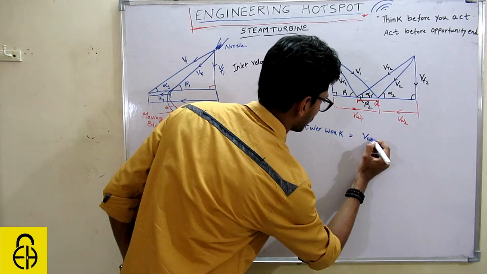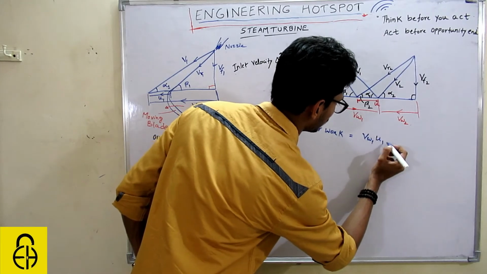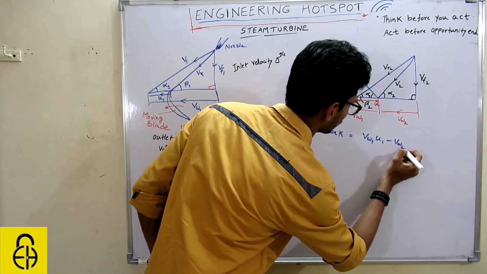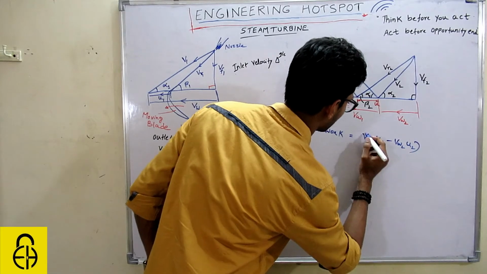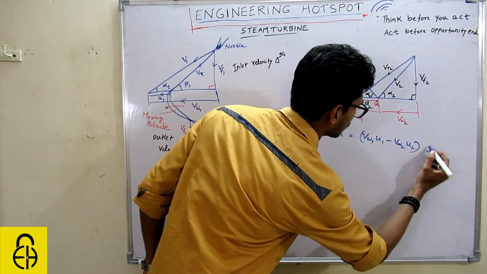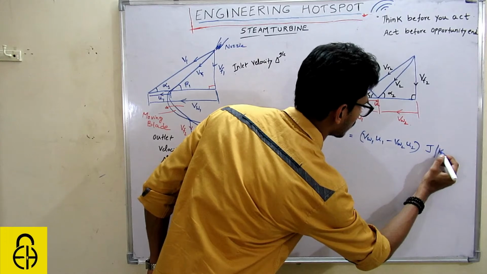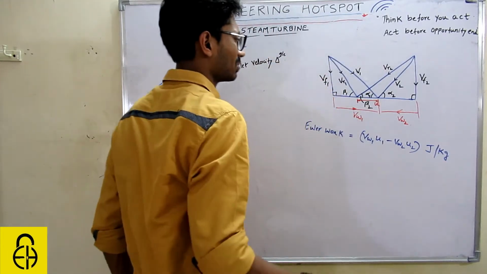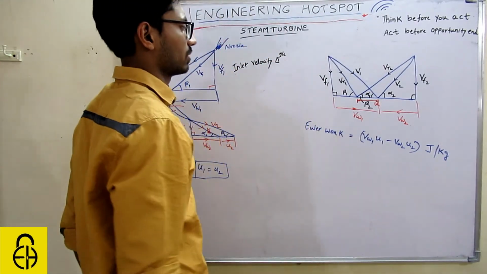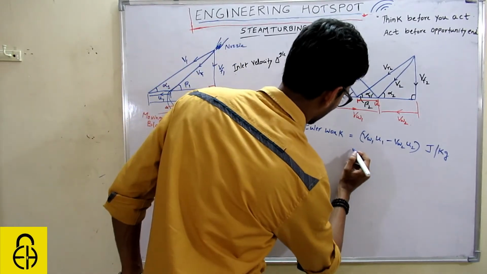It says VW1 into U1 minus VW2 into U2. This will give you the specific work, in joule or kilojoule per kg, depending on the units you are taking.